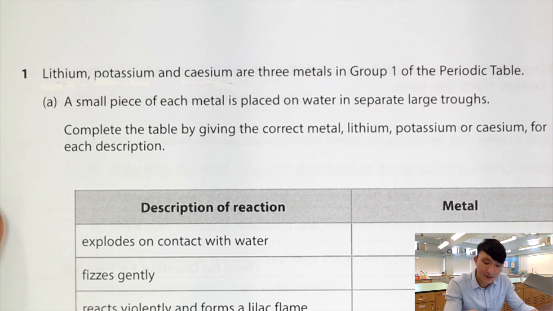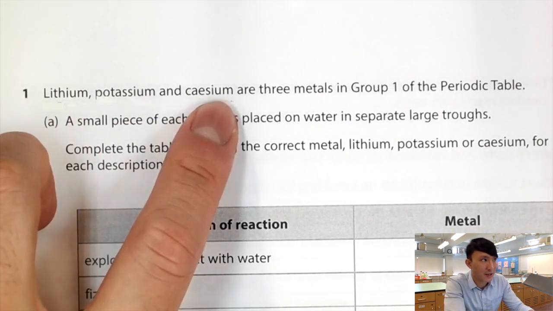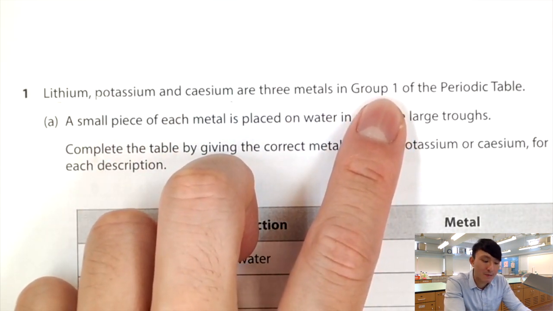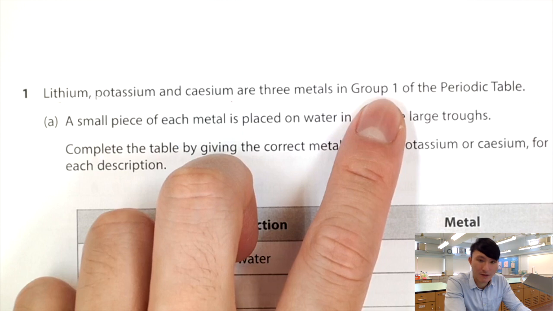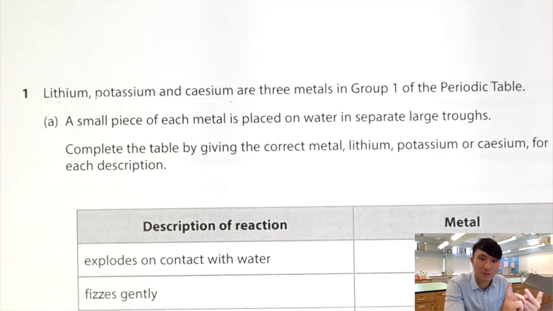So let's get started. First of all, this question concerns three metals, and these are all group 1 metals. Now remember, in the exam, you are not given the periodic table. So it will be best for group 1, group 2, group 7, group 0, at least you need to be familiar with the first three members.